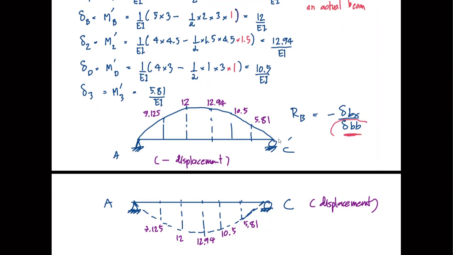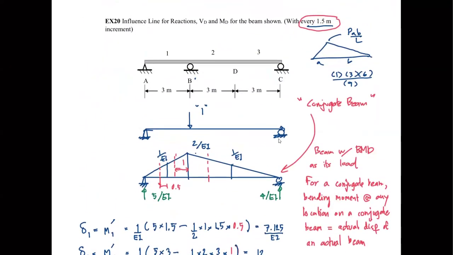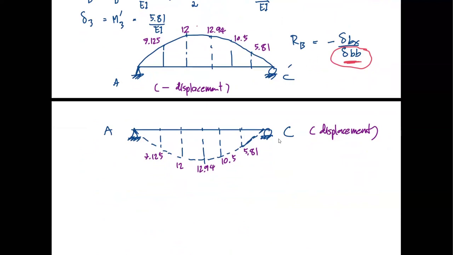Which one is delta BB? Where is B? In the middle? Well, in this case, it's not in the middle, right? See? B is here at 1/3, okay? So this is where B is.